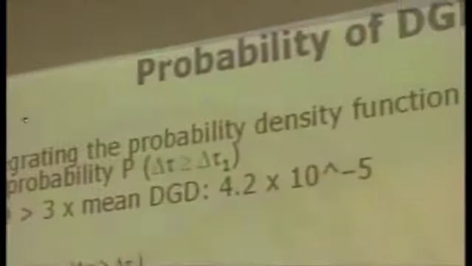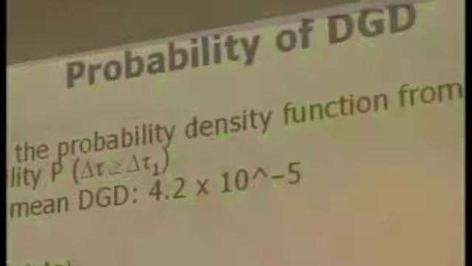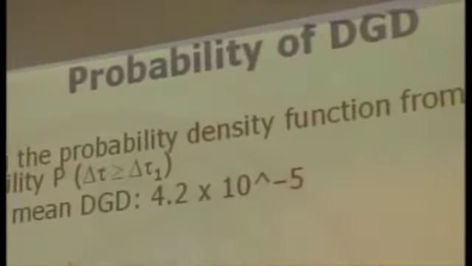So in system design, we have to take care of this probability of DGD. This means integrating the probability density function from delta T1, or a given value, to infinity gives the probability that this time delay will happen.